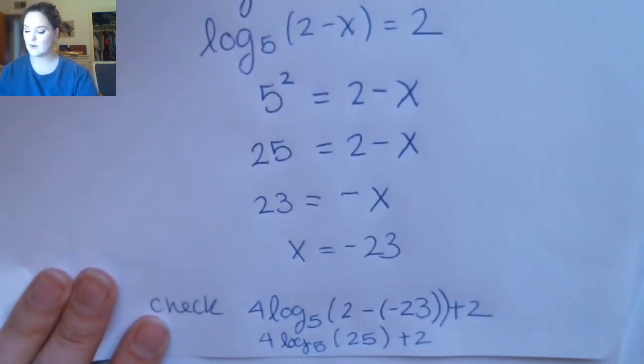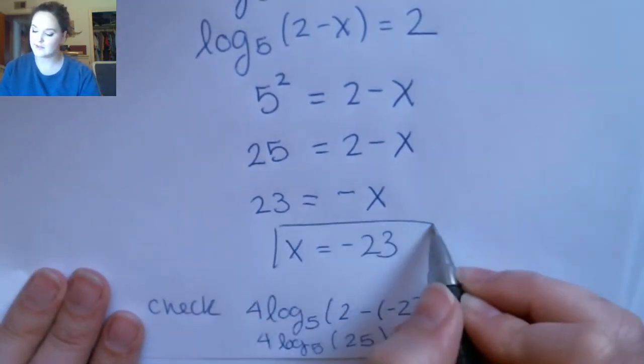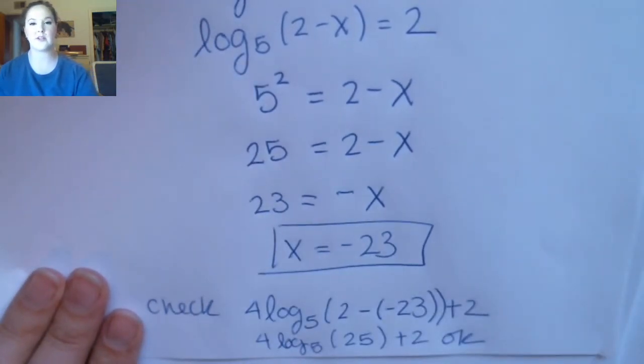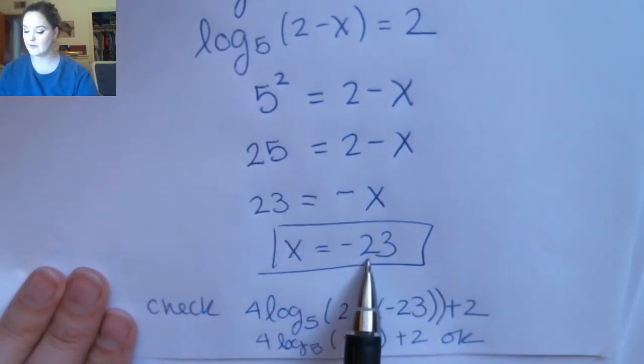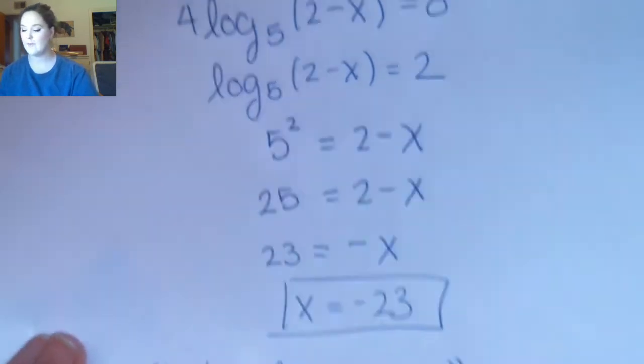So you are allowed to plug this in. This is okay. So that means this is really a solution to our equation. Even though the answer is negative, the number that you're plugging into the log overall, 25, is a positive number.